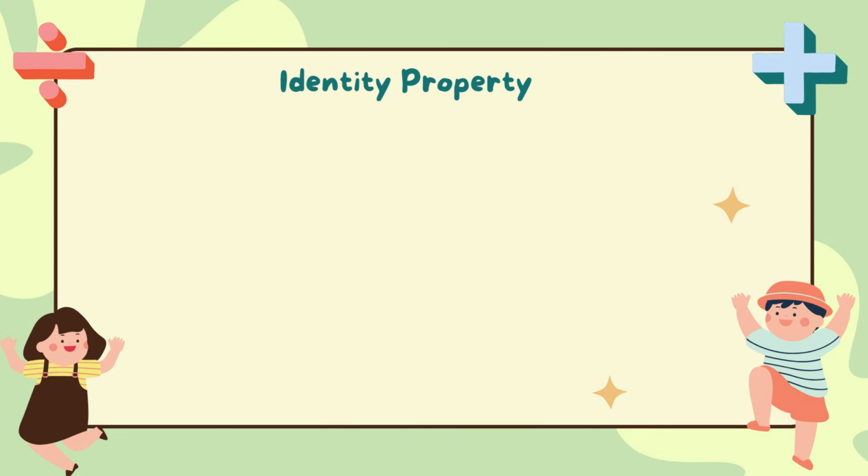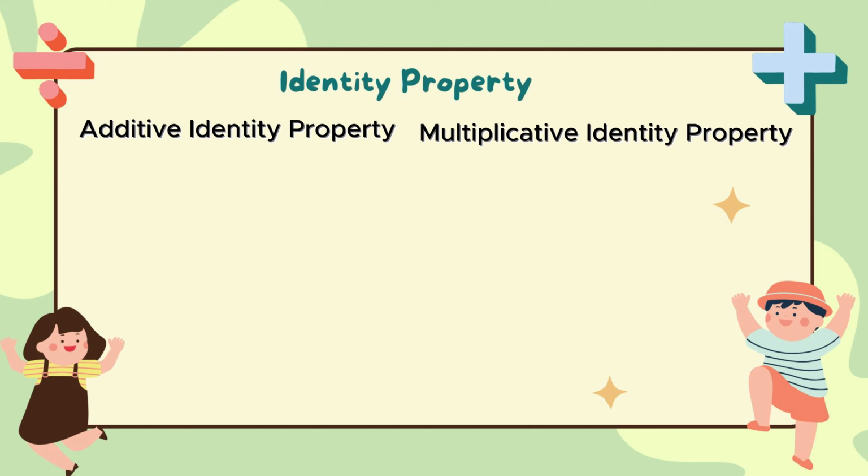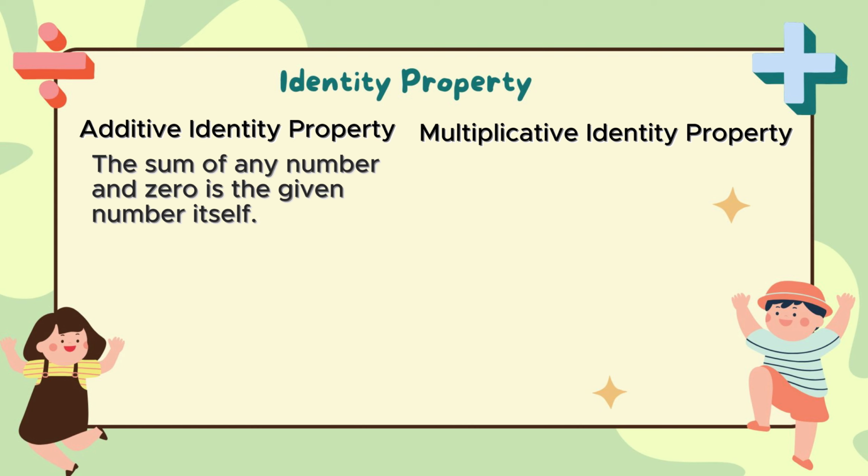By the way, we have two identity properties: the additive identity property and the multiplicative identity property. Let's focus on the additive identity property. The sum of any number and 0 is the given number itself.